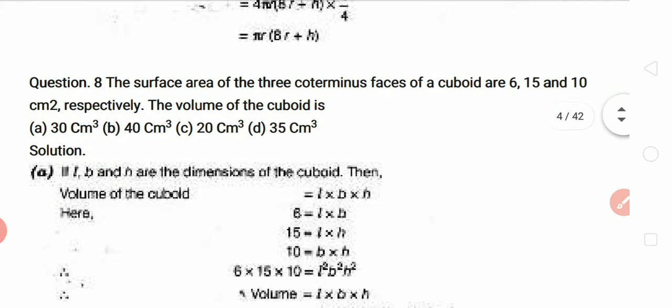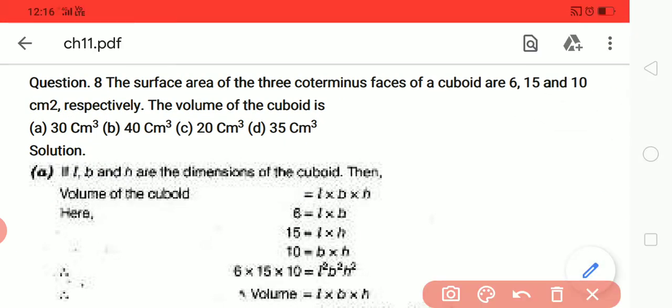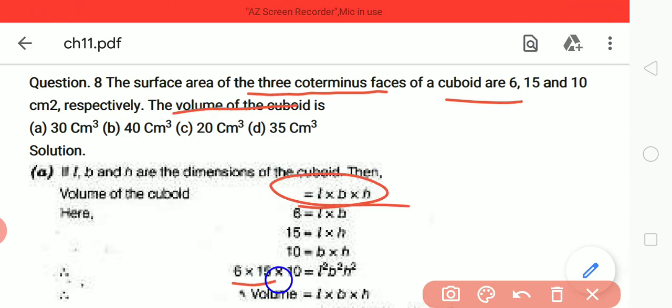Question number 8. The surface areas of three coterminous faces of a cuboid are 6, 15 and 10 centimeter square. What is the volume? You know the volume is LBH.